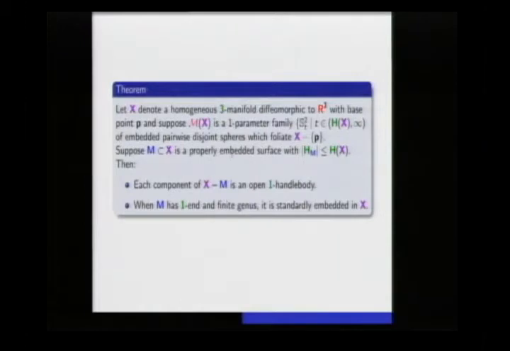Anyway, we have this inequality on its mean curvature function. Then each component of the complement, there are two complements of the surface in the space, each of those components is a one-handle body. I talked about this in the case of R3 before.